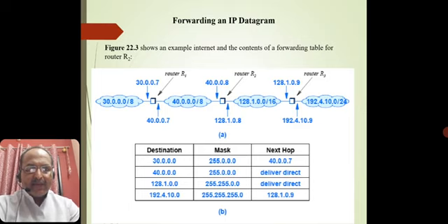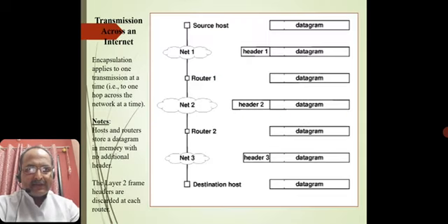R2 is a router name, where R1 has some data elements forwarded with the standard masking technique from R2 to R3. Now these are the destinations, these are the masks and the next hop. Okay, this is transmission across an internet.